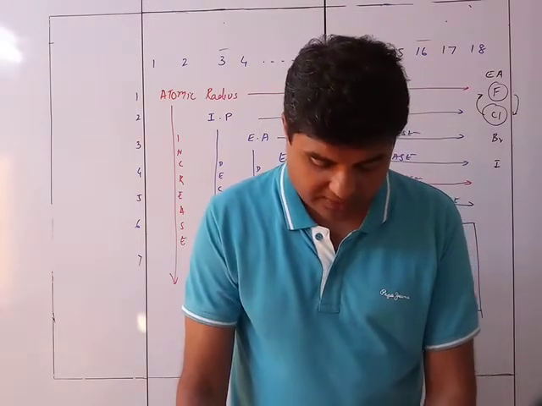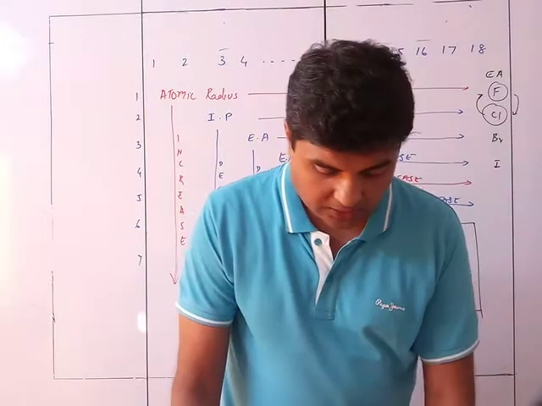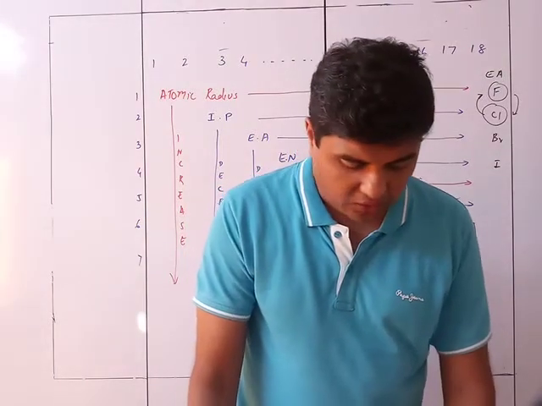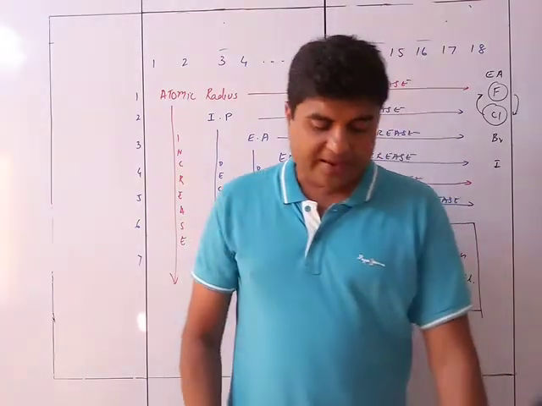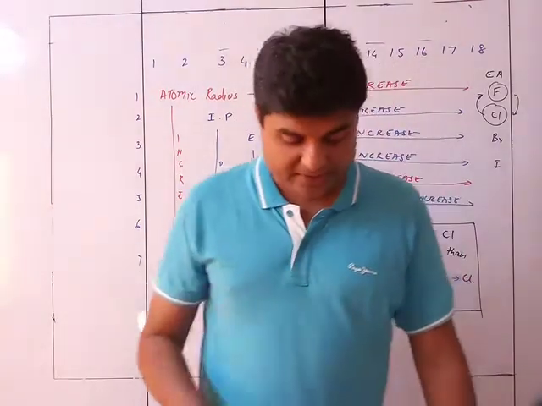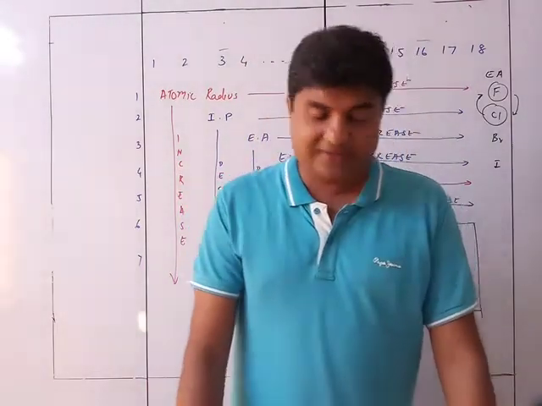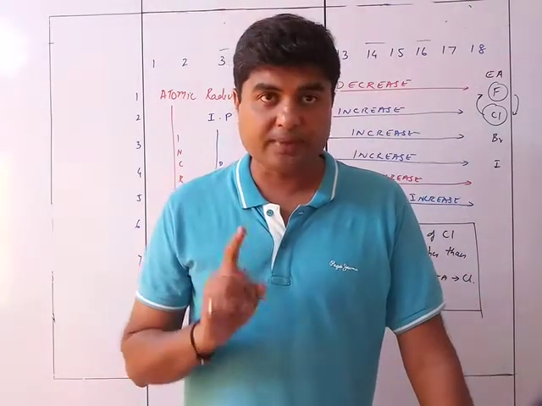I will just speak out those important things which are there as an exception, something important. So first is the element helium has the highest ionization potential while cesium has the lowest. So this is something very important.